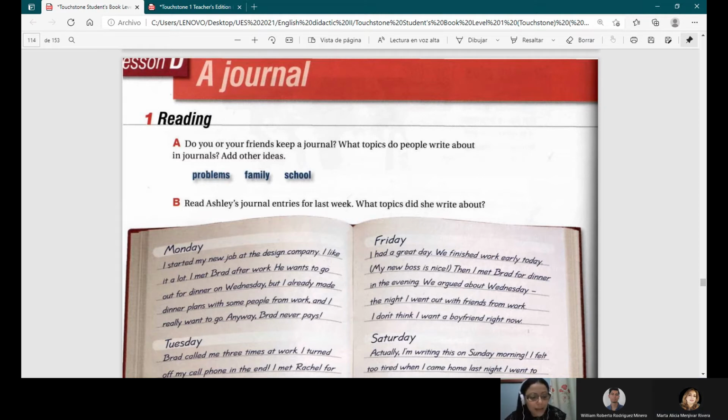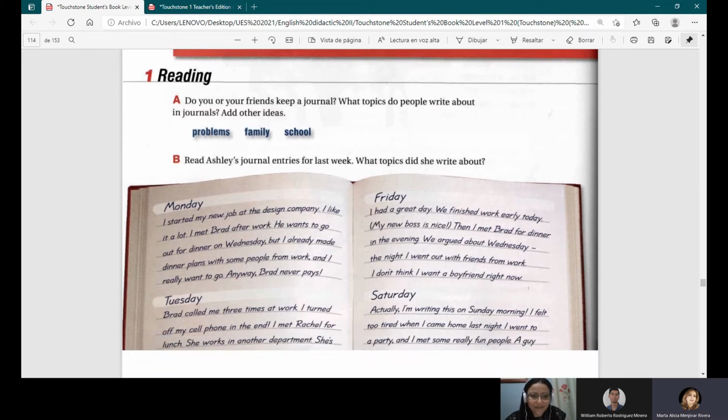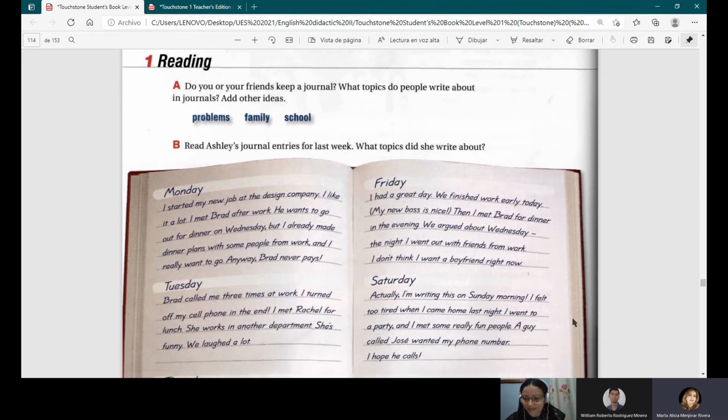Who of you has had a journal, or do you have one? What about you, Marta? Have you had a journal, or do you have one? Yes, I was thinking that you were going to ask me because I am a girl.